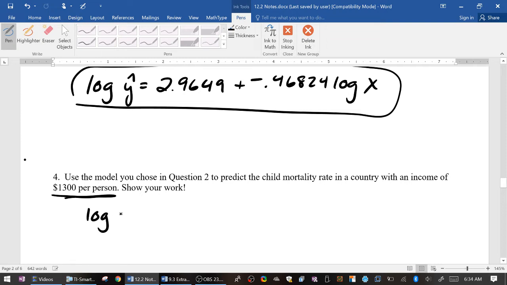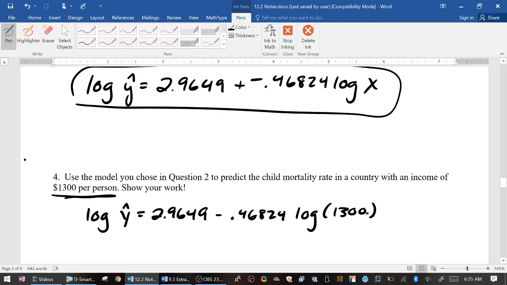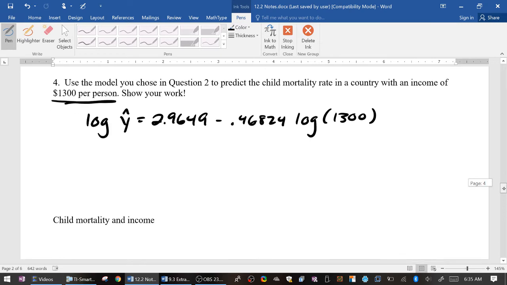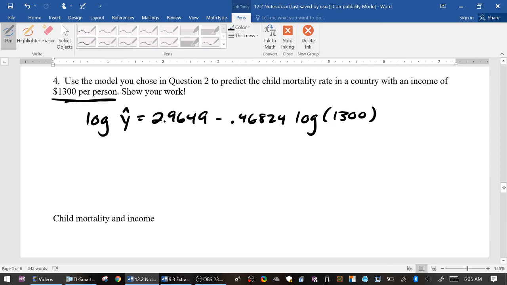So we're going to substitute that in for x. So log of y hat is equal to 2.9649 minus 0.46824 log, and then we put in our x value of 1,300. Now we have to remember something about solving logs. This whole right side is just numerical, so we can type this into our calculator.